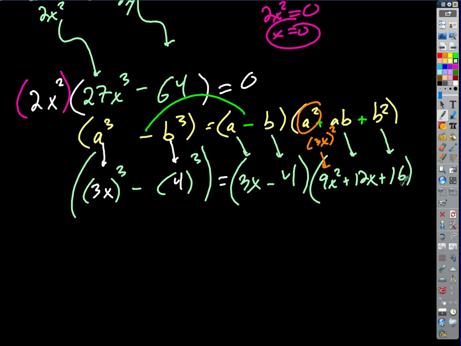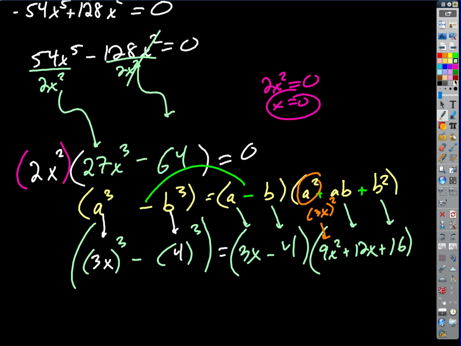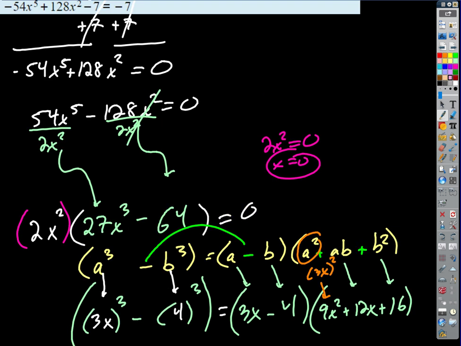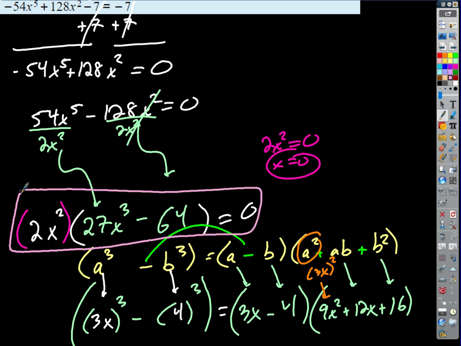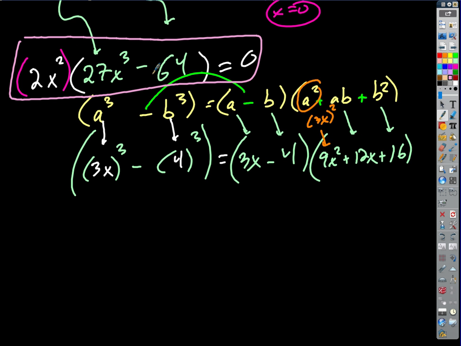Okay, good. So look what we did: we took this difference of cubes and broke it up into smaller, manageable factors. The first one is linear, that's an easy one to solve, isn't it? So let's write this whole thing out in factored form, just for a second. We want to keep track of where we are. We've got our original function, we broke it down to here, and then we went one step further and split apart the difference of cubes.